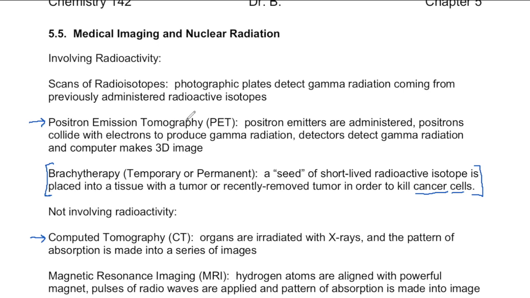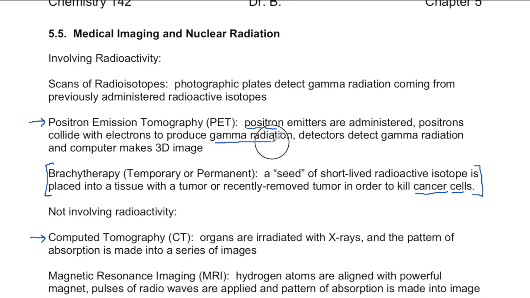For the positron emission, some sort of isotope is administered that decays to emit positrons. Positrons, again, these are antimatter. They do not live long. They immediately encounter another piece of matter in the body, and then they are destroyed and they emit gamma radiation.